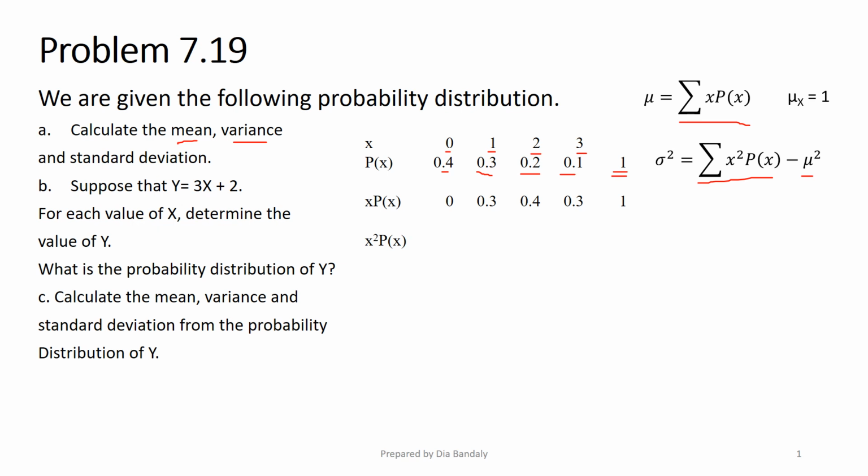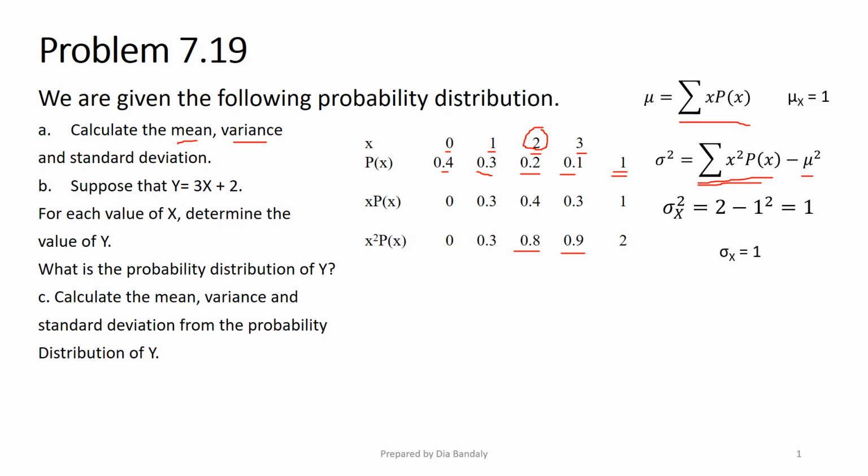Then we remember that we are squaring x, so this will be 2 squared, which is 4, times 0.2, so 0.8. Then 3 squared, which is 9, times 0.1, 0.9. To find the summation, we sum these up, which gives 2, and then we subtract 1 squared, and we get the variance. So the variance is 1. Standard deviation is very easy because it's only the square root of the variance, so that's 1.